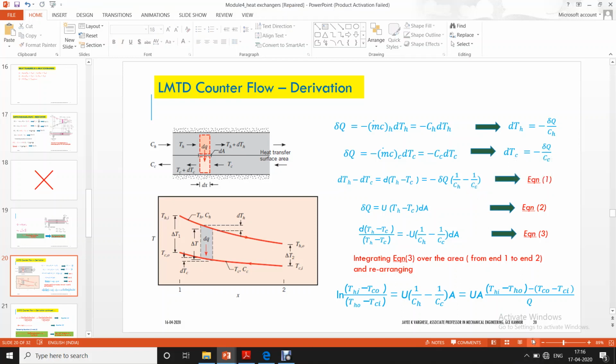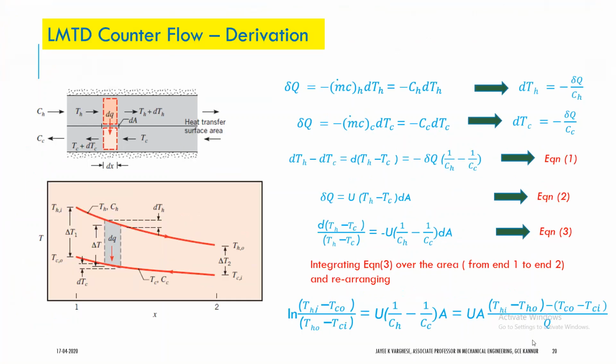There are some mistakes like that. So d of th minus tc divided by th minus tc equal to minus of u into 1 by ch minus 1 by cc dA. Now we need to integrate this.